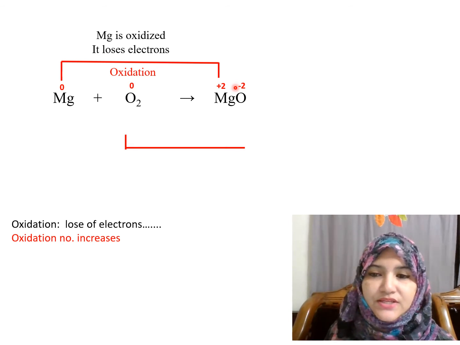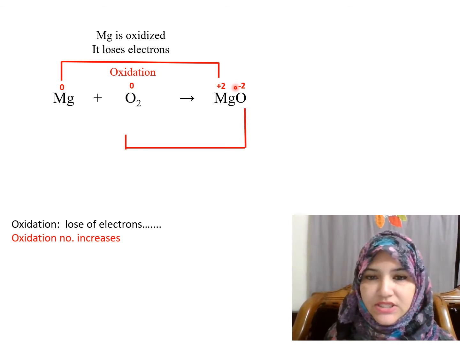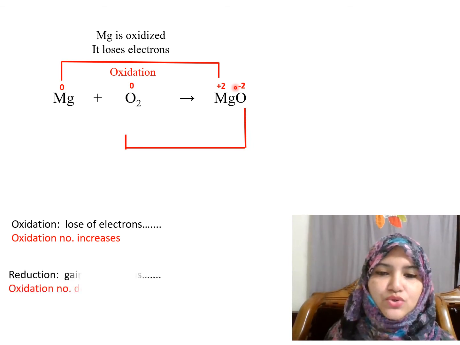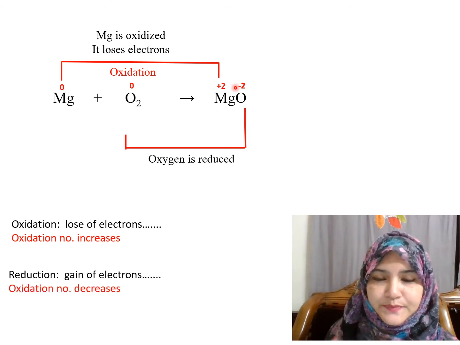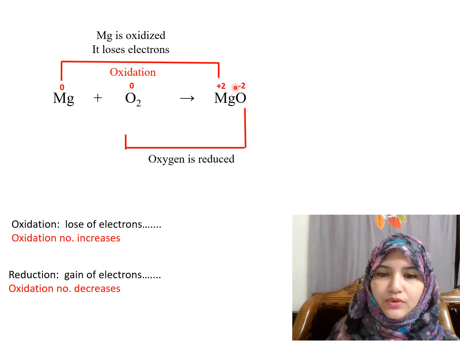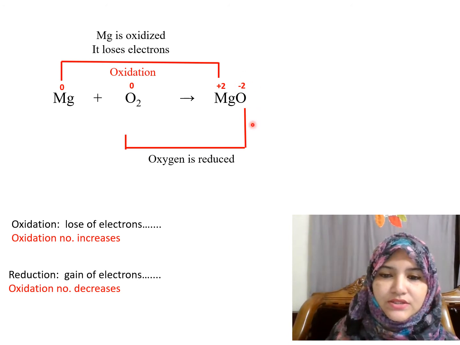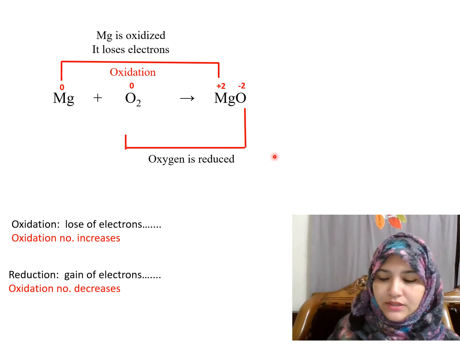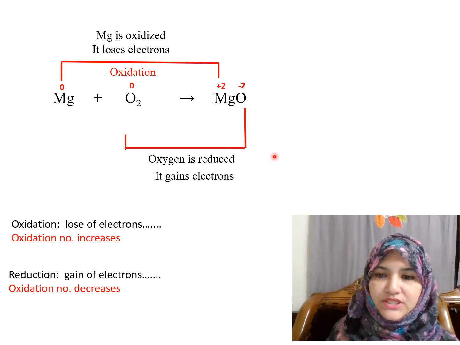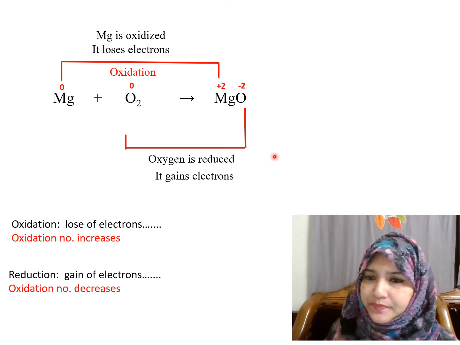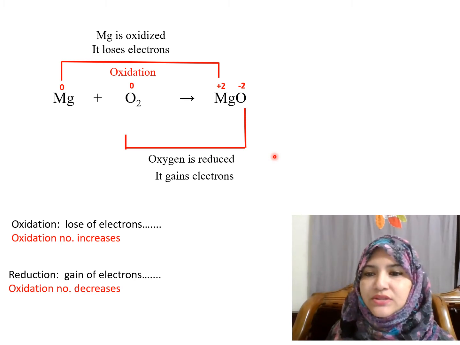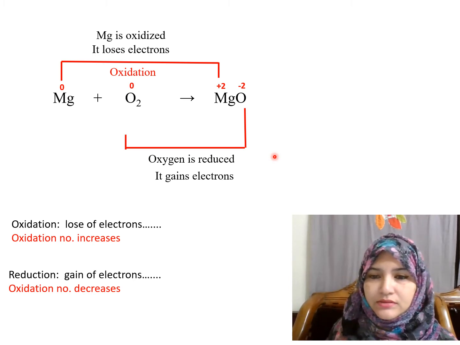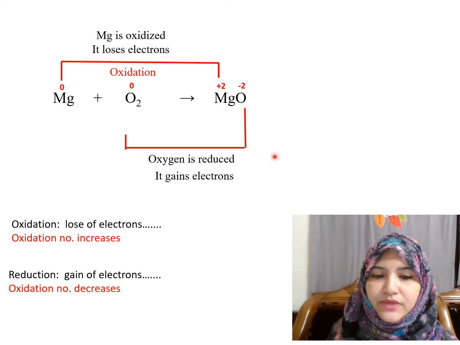And the oxidation number decreased in case of oxygen. Now in case of oxygen, the oxidation number decreased from 0 to -2. And whenever the oxidation number decreases by gaining electrons, that means the substance is being reduced.